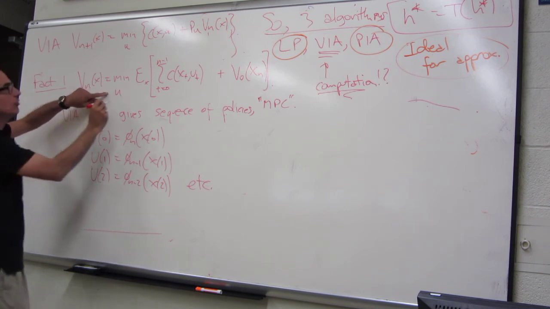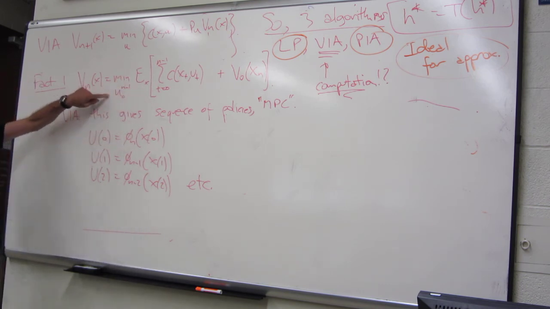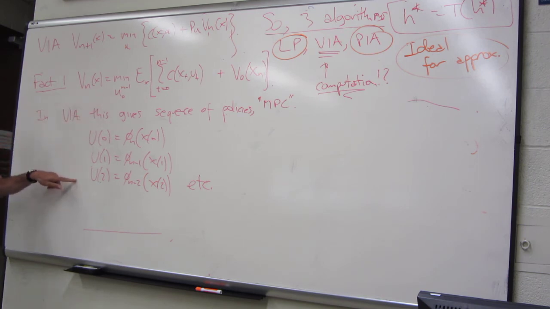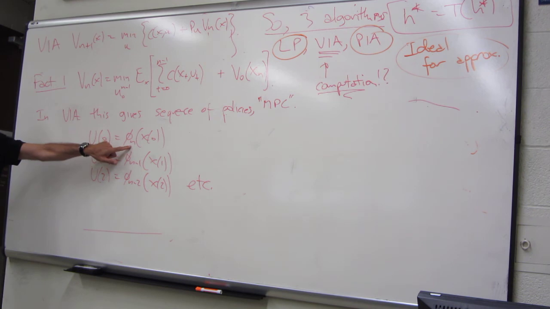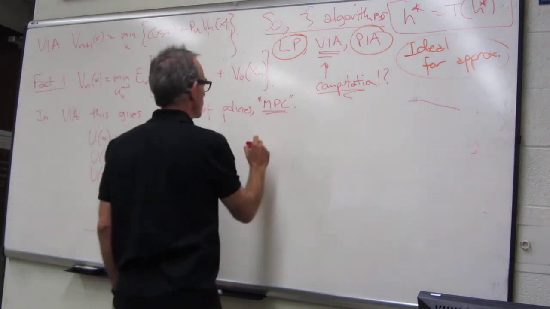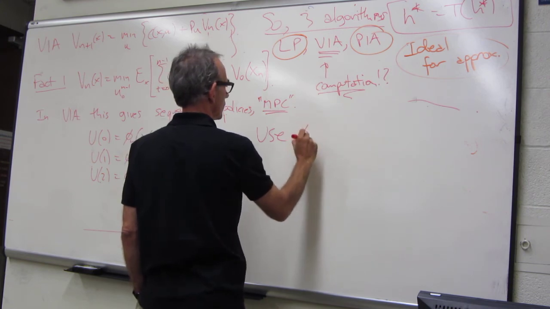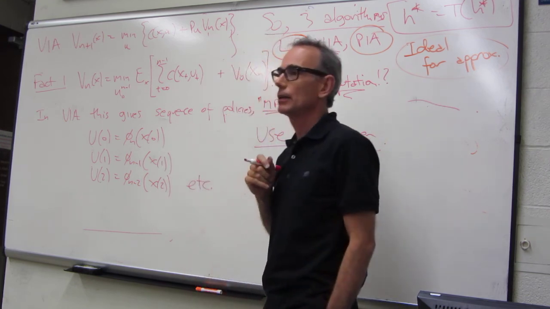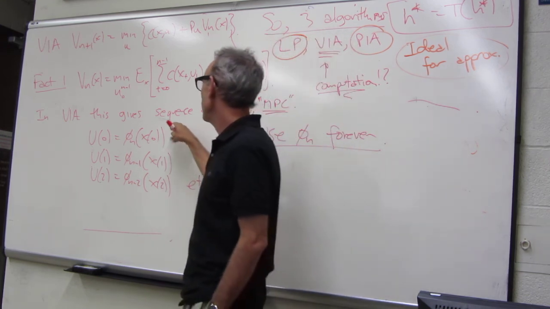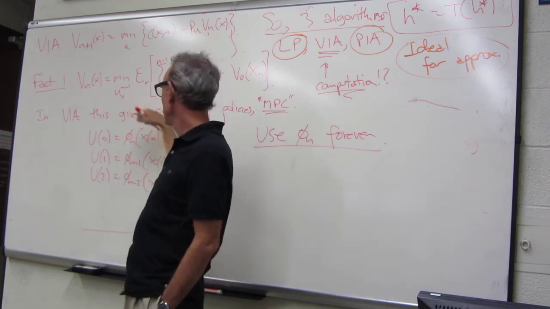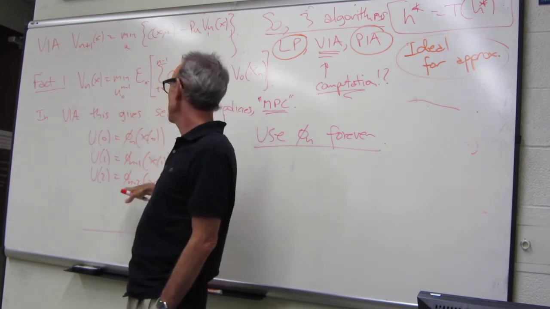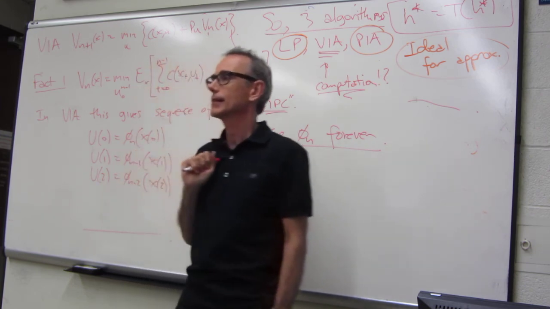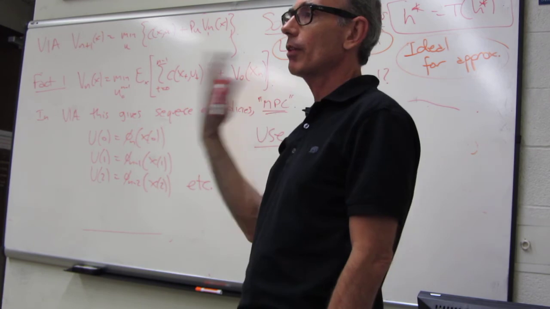When you perform this minimization over all controls, you get a sequence of policies. These are the sequence of policies we've studied before in the deterministic setting. But the definition of MPC is to give up. You take that and stick with it. So that's the definition of MPC. When you solve this finite horizon optimal control problem, you get a sequence of policies, but you just use the first one. And that's not often the way it's presented. That's really what you're doing.